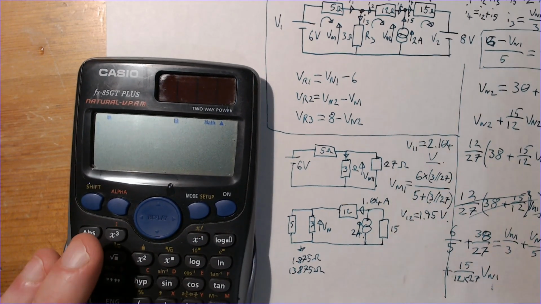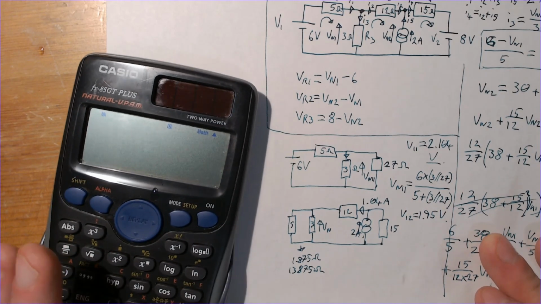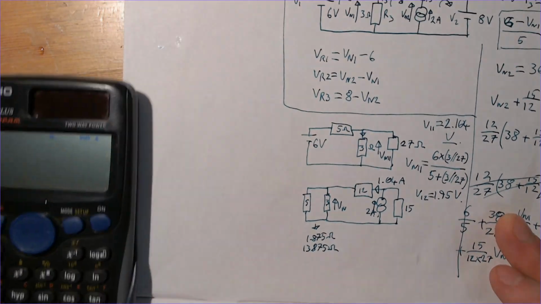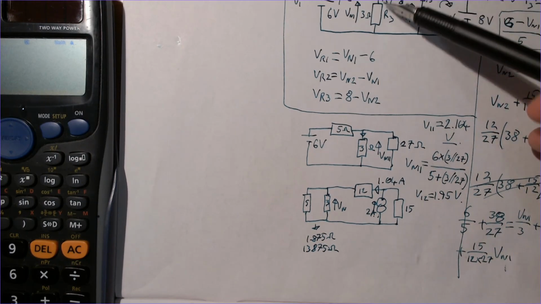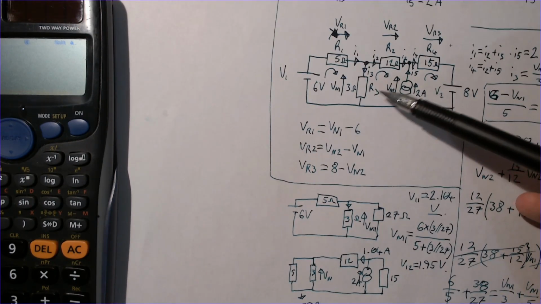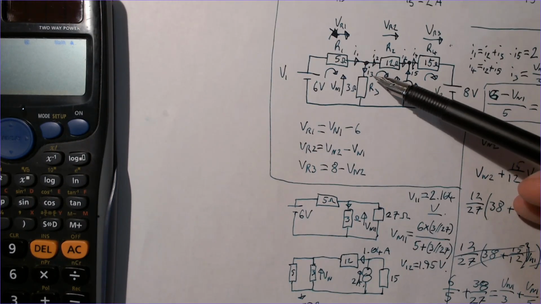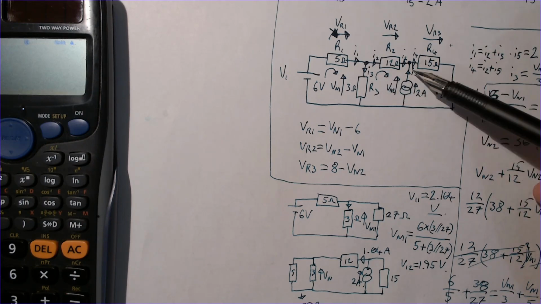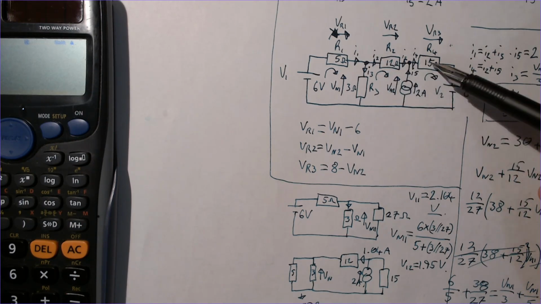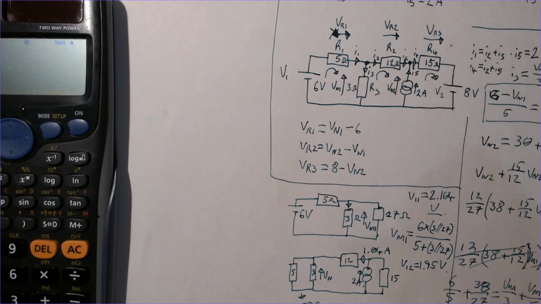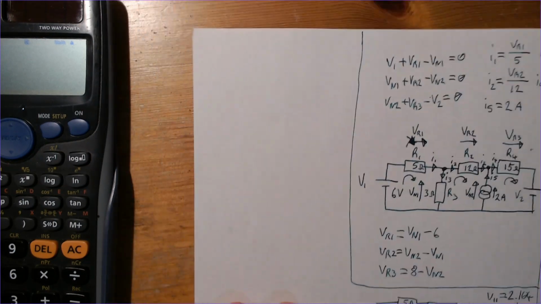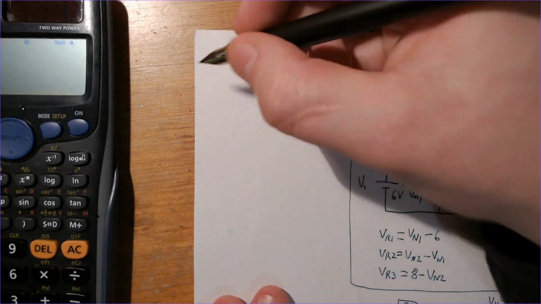Now on to the third one to calculate, which is the voltage across here. Let's get that on screen. Voltage across here with this supply, so that one gets removed. We've got this large resistance here, and then these two in parallel. Let's draw that out up here.